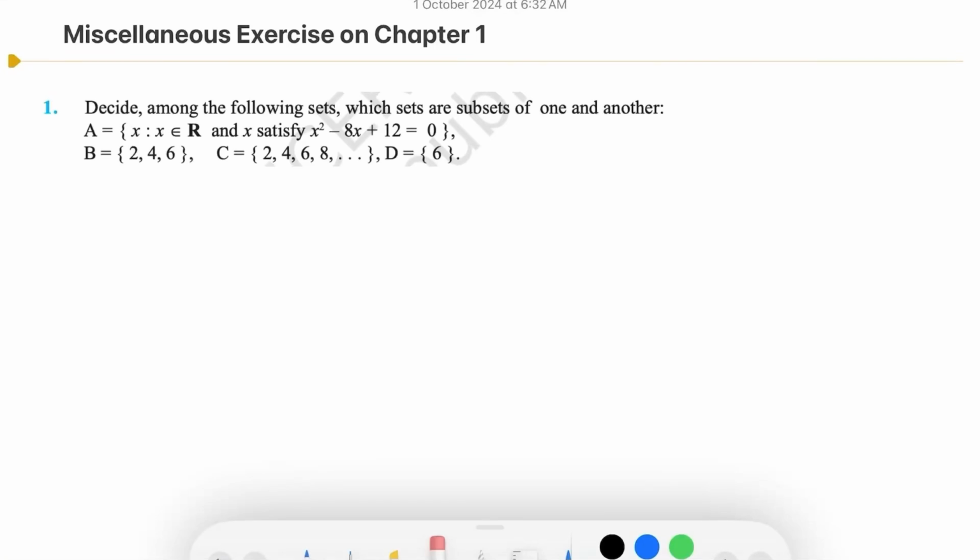We're going to solve the miscellaneous exercise on chapter 1, sets, of CBSE class 11 maths. The first question is, decide among the following sets which sets are subsets of one another.